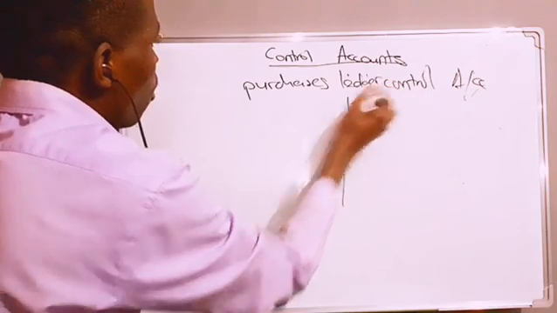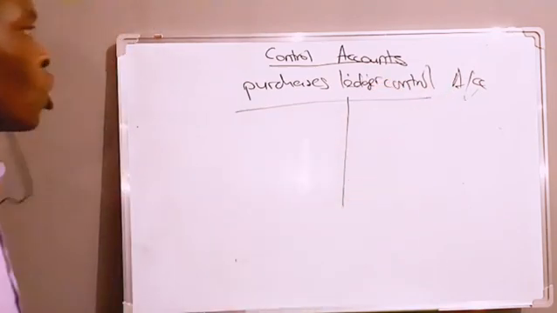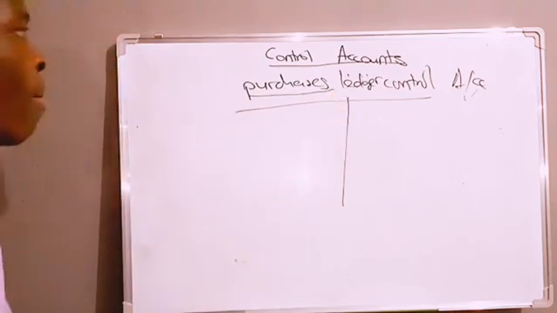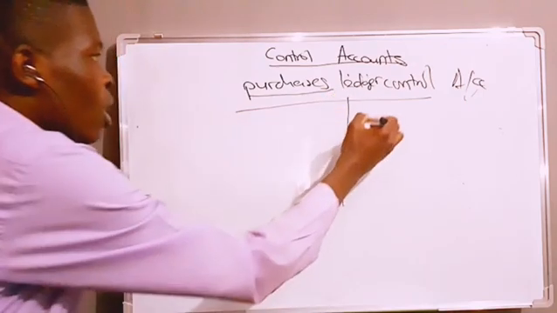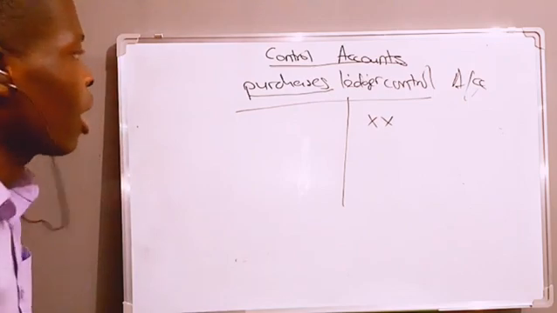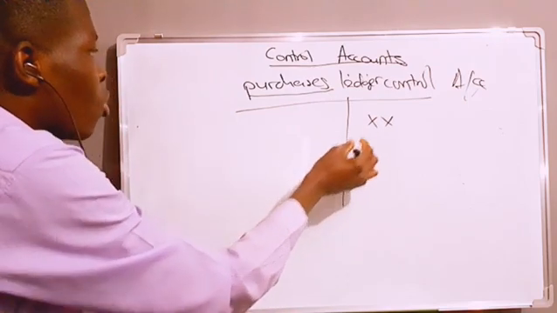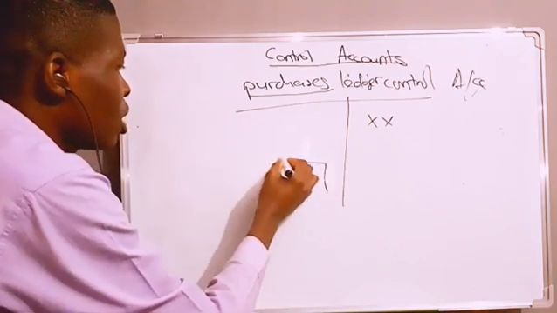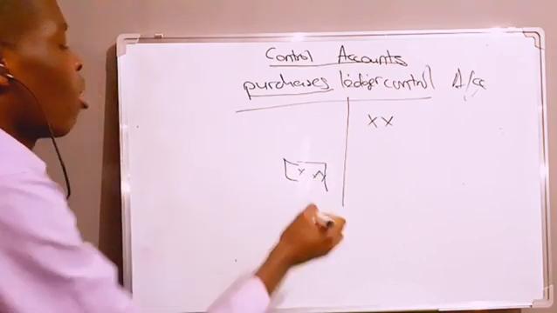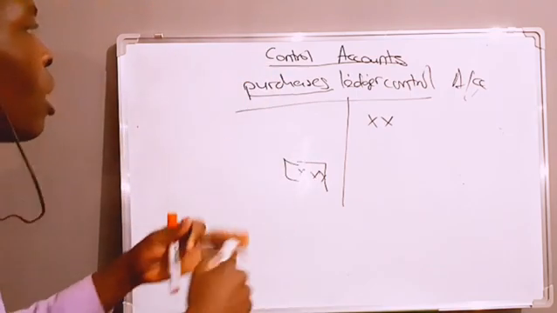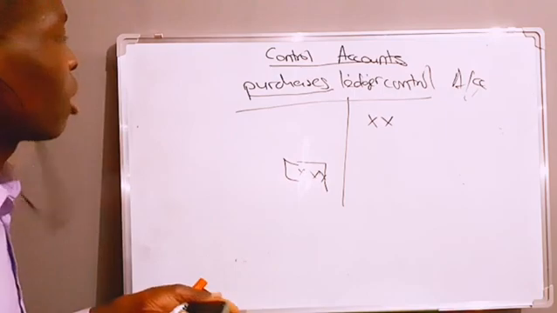Here we go, this is our T account. This one is the purchases, purchases made on credit, so they increase on our credit side. And when we pay our suppliers, the full amount is decreased on the debit side. That is what is happening on the purchases control account.